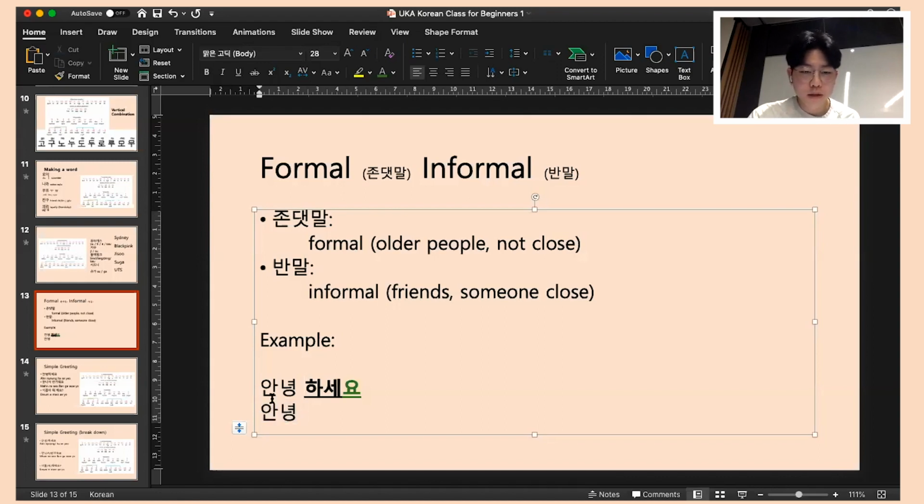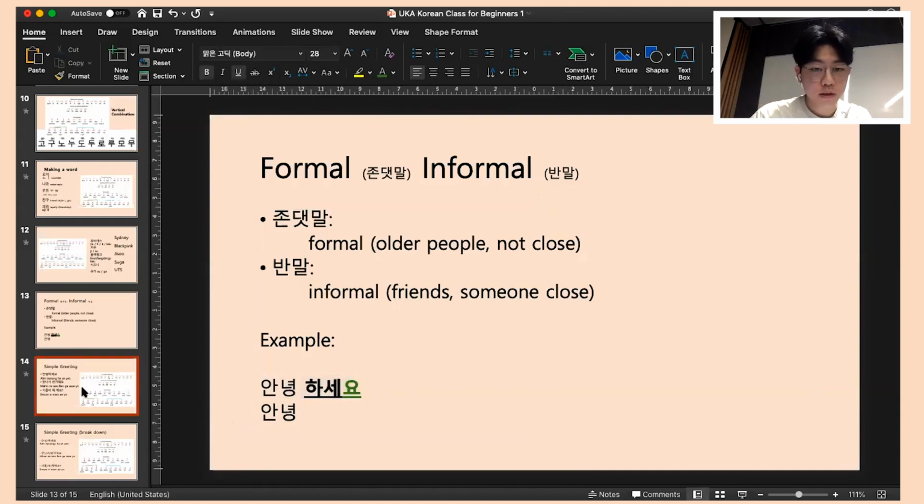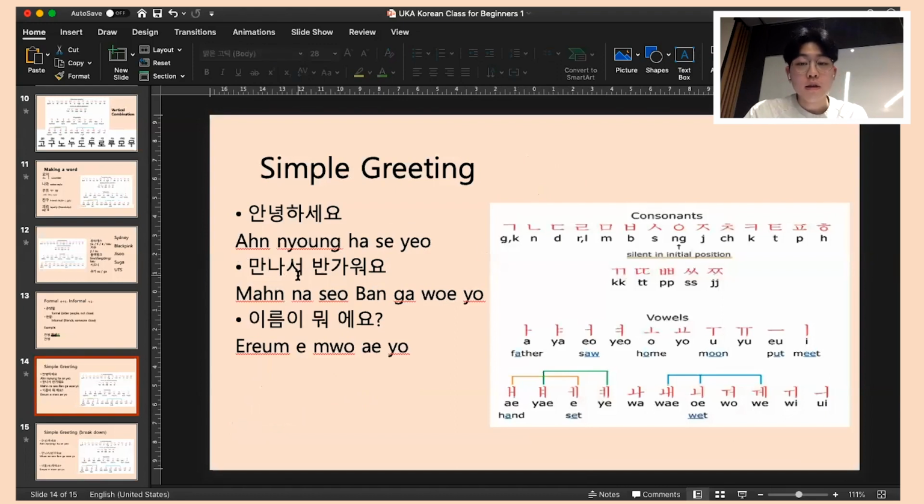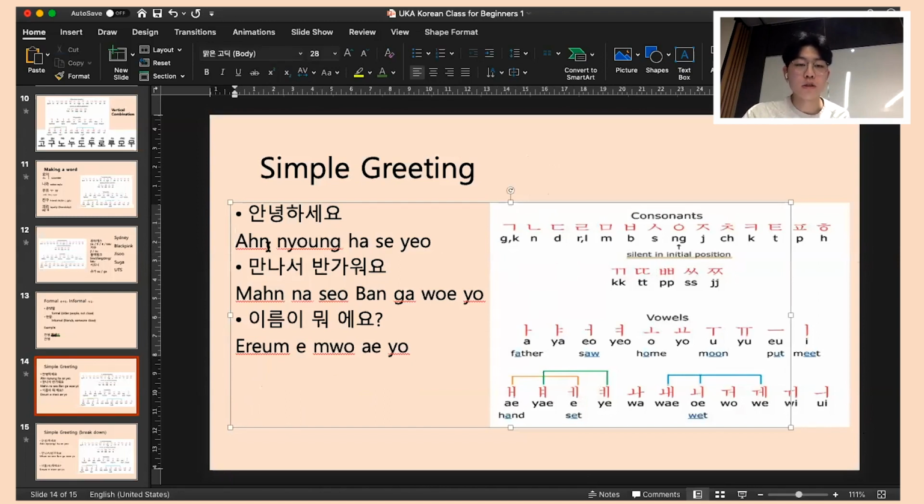So we'll learn the formal word first. So as she said, I don't know who said it, but 안녕하세요 is how you pronounce it. I'll write it here. Oh wait, actually, it's on the next slide. Okay, so if you one by one just put that in, use this chart to make the English pronunciation version.